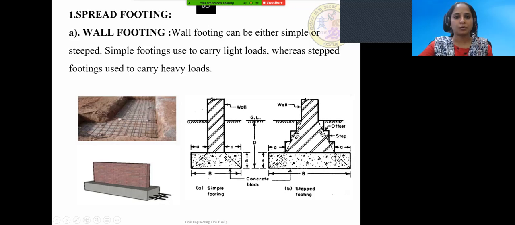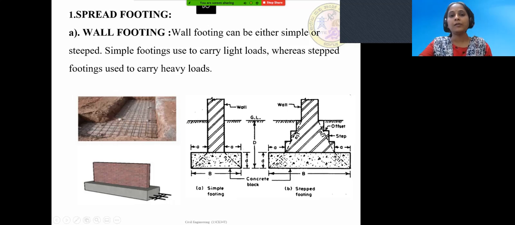This picture shows on-site excavation for the wall footing. The 3D picture of the wall footing looks like this. Here the PCC bed has a small amount of reinforcement, then a brick wall is erected on the concrete bed. So you understood about wall footing: it can be either simple or stepped.